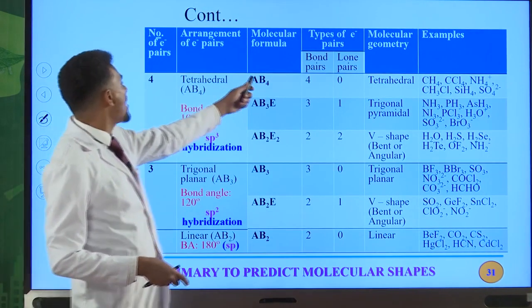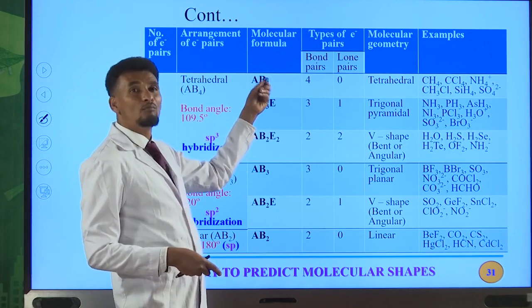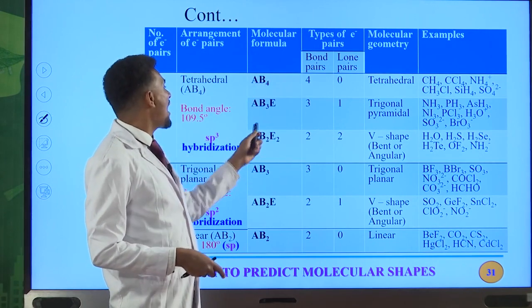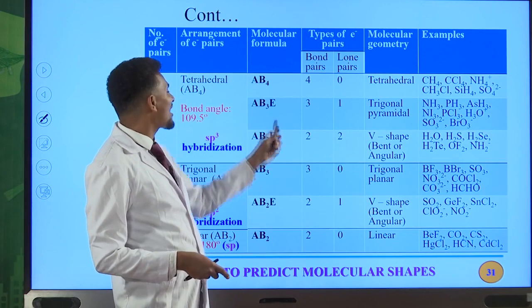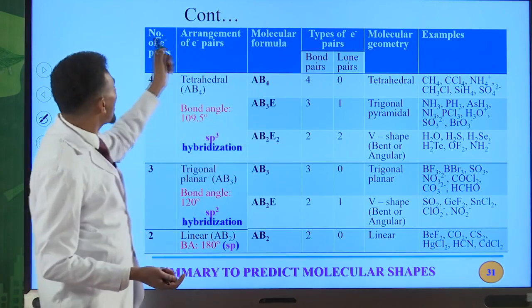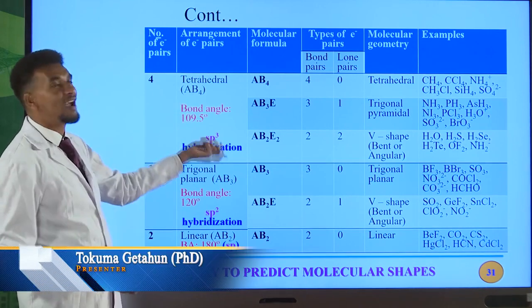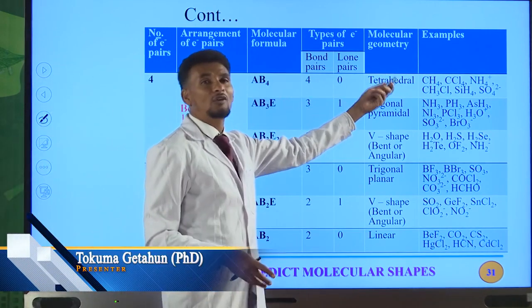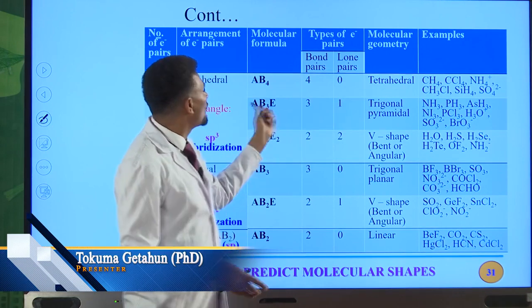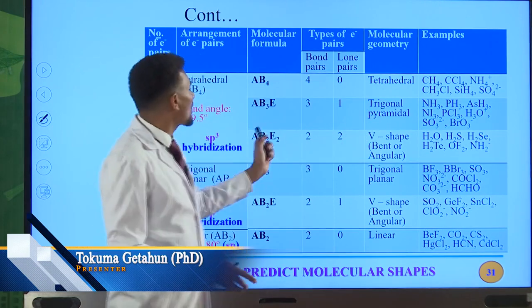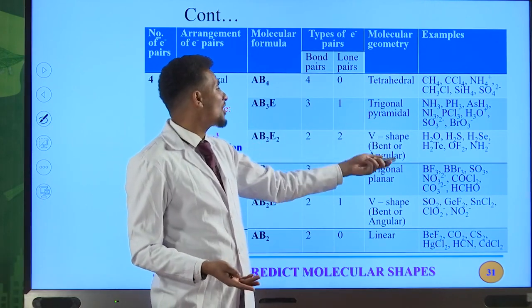For tetrahedral AB4, AB3, if one bond is replaced by a lone pair, and if 2 of the bonds are replaced by lone pairs of electrons, their electronic geometry is the same, that is tetrahedral. But the molecular geometry or molecular shape of this one is tetrahedral, for this one trigonal pyramidal, and for this one V shape, bent shape, angular.